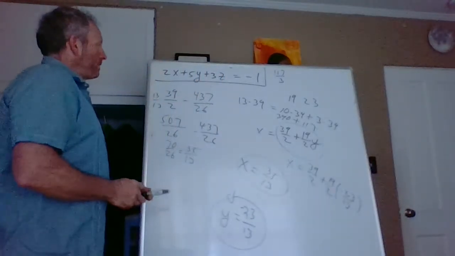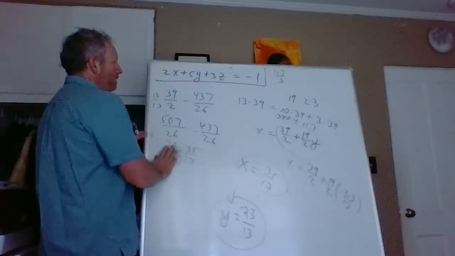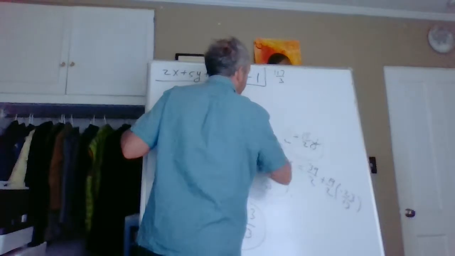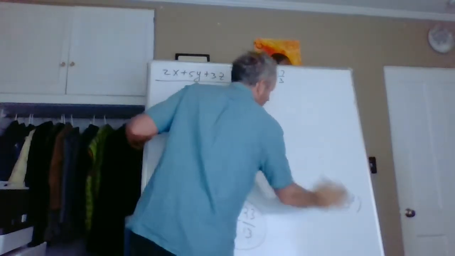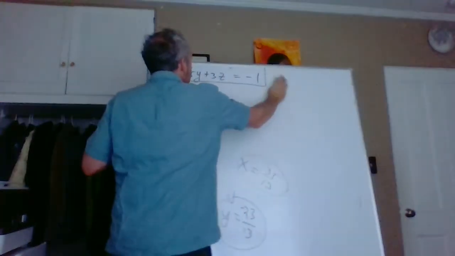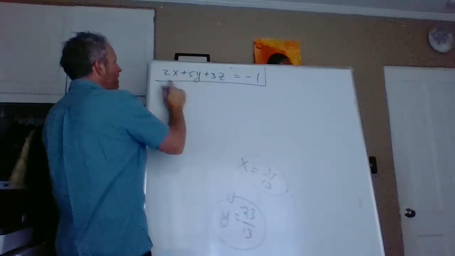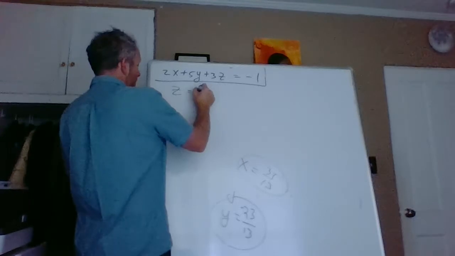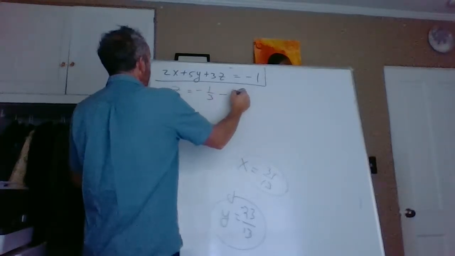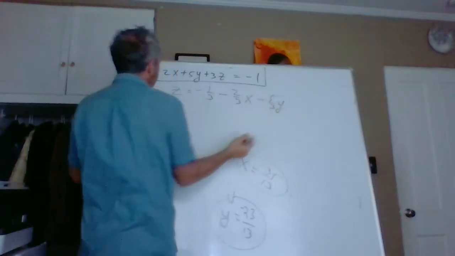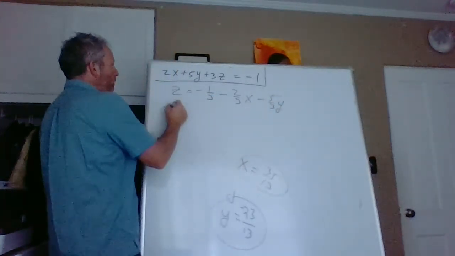All right, finally, we're going to go after z. Now, somewhere along the way, I had a formula for z. I can recreate that formula, I think, pretty quickly here. We subtract these two and divide by 3, so z would equal negative 1/3 minus 2/3 x minus 5/3 y. And now that we know x and y, let's go ahead and put those values in there.